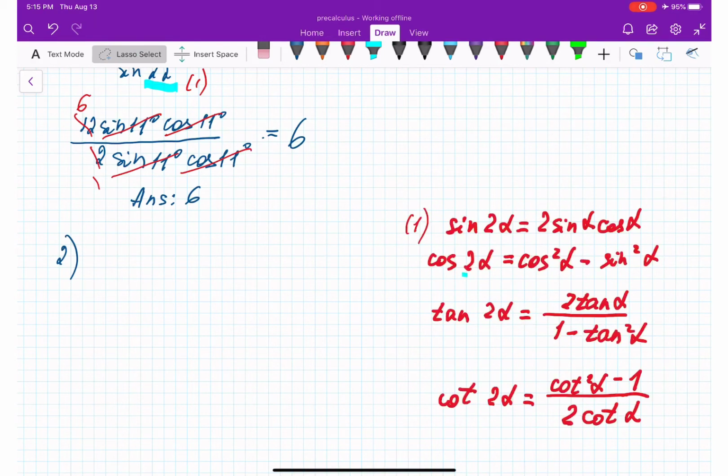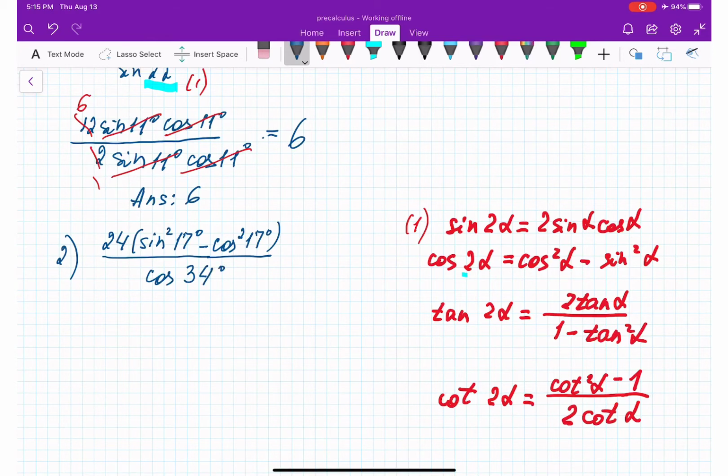Okay, here we have the second example, 24 sine squared 17 degrees minus cosine squared 17 degrees divided by cosine 34 degrees.